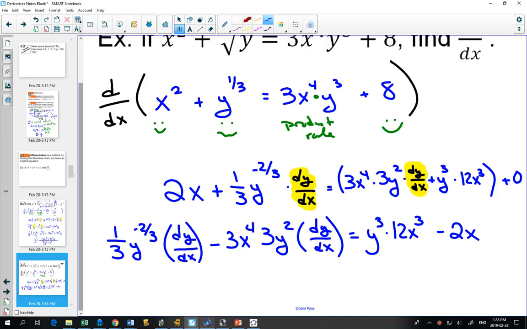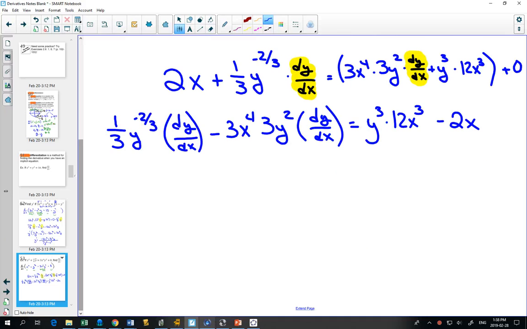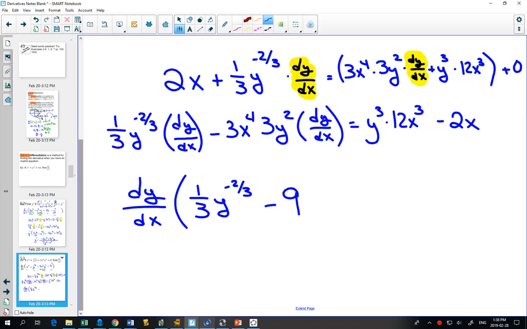Now that you have dy dx all on the left side, there's two terms with dy dx. You can factor that out, leaving you with 1/3 y to the negative 2/3 minus, now here I have 3x to the 4 times 3y squared. We can simplify this a little bit. 3 times 3 is 9.